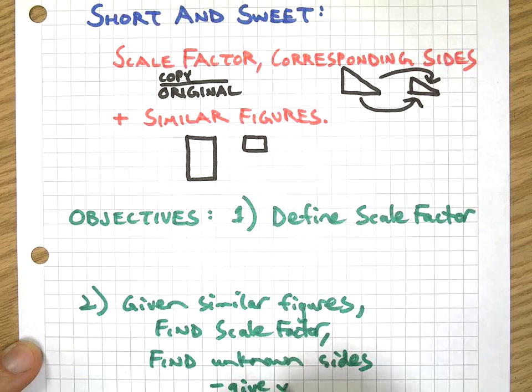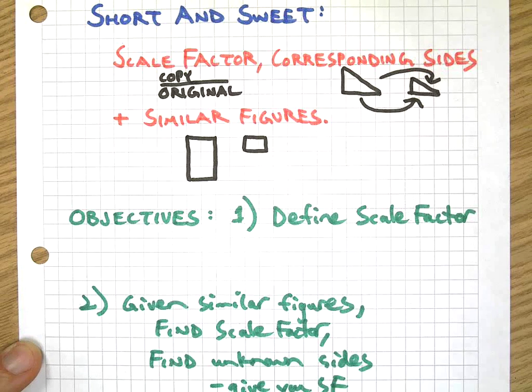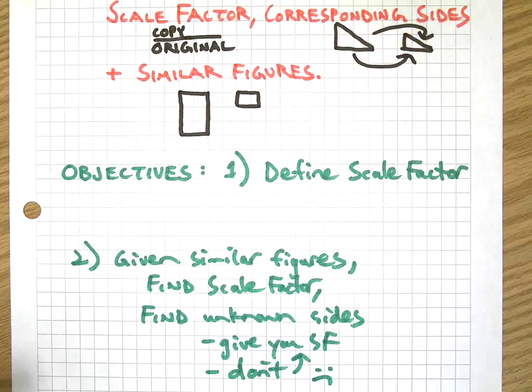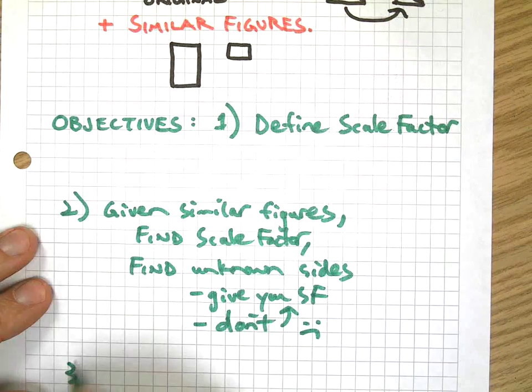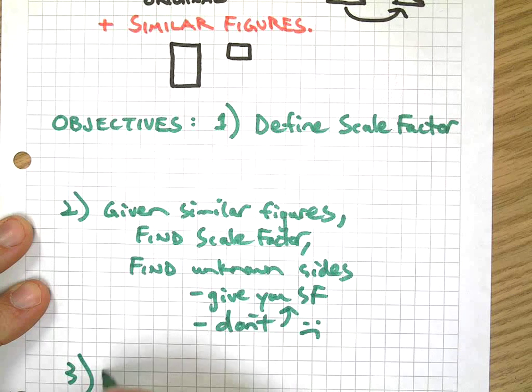Either I give you the scale factor or I don't give you the scale factor. Okay? Don't worry, you can do it either way. Okay, and finally, our third thing today, we're going to test for similarity.